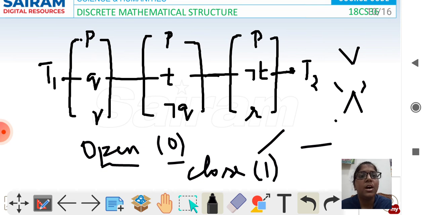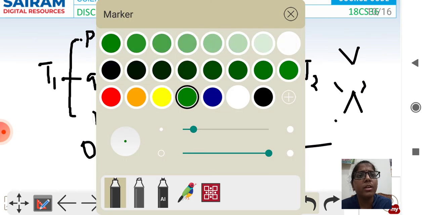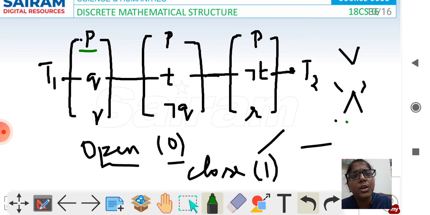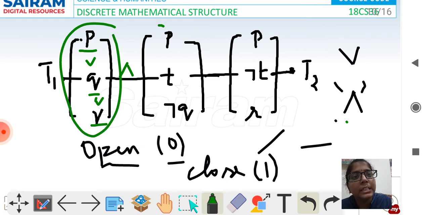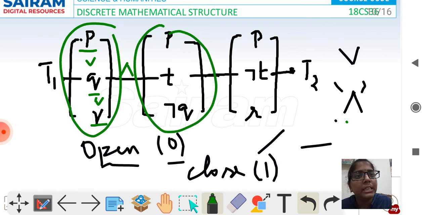See here, we are having P, Q, R in parallel. So P ∨ Q ∨ R, you will use. And this whole thing is in series. Okay. These are all in series, so you have to use AND between these series.